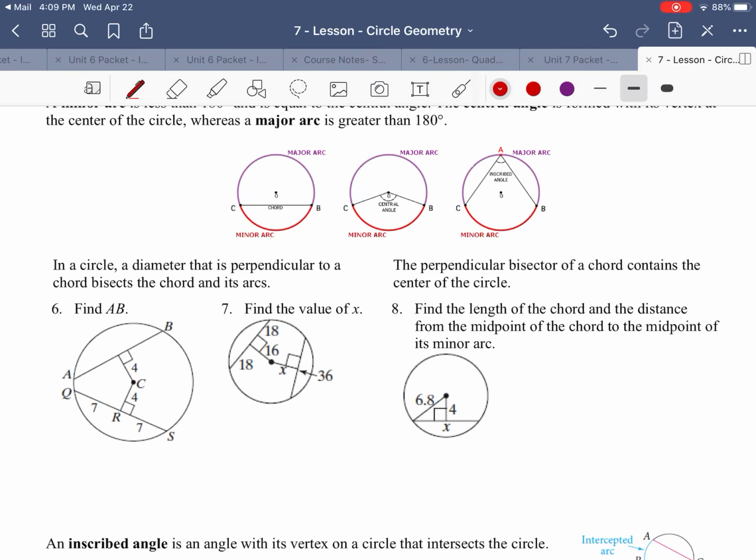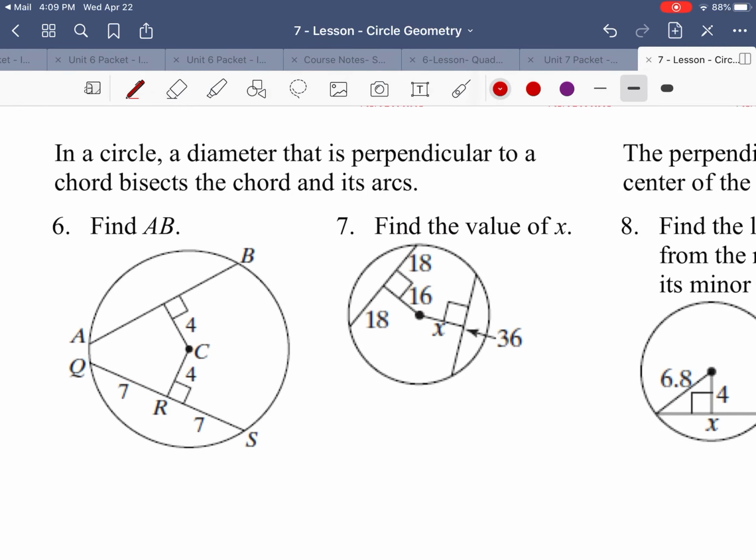All right. Now, a radius is half of a diameter, so the radius would also accomplish that same objective. So it's going to bisect the chord and its arcs. That's why, so you have CR, let me get my highlighter.